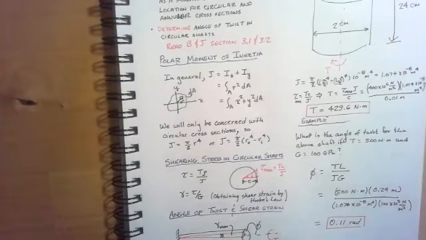We will only be concerned with circular cross sections because only circular cross sections will not undergo warping when we apply torsion to shafts. Non-circular cross sections will warp, and the solutions that have been developed for circular shafts are not valid for non-circular shafts, and the general results aren't going to hold.